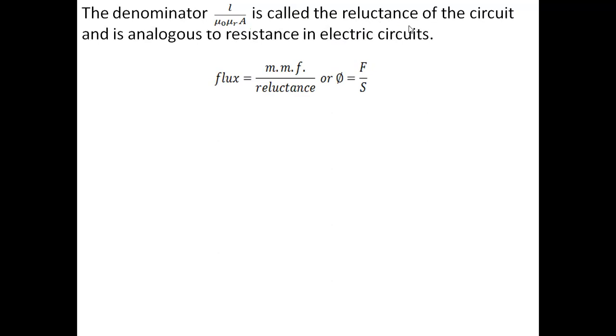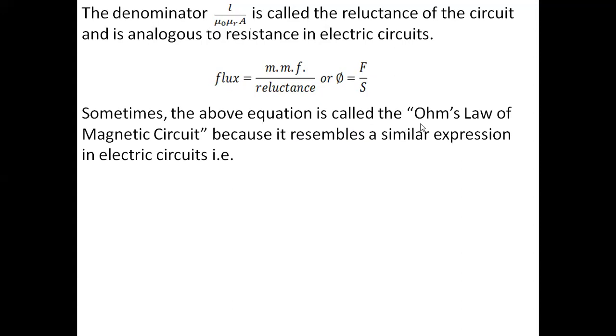Similarly, reluctance opposes the passage of the flux. From the magnetomotive force the flux is generated, and the opposition to the flow of flux is the reluctance. So the flux is equal to MMF by reluctance, where reluctance is represented by S and MMF is the force, F by S.